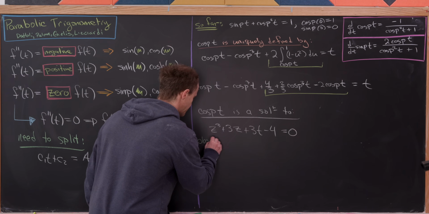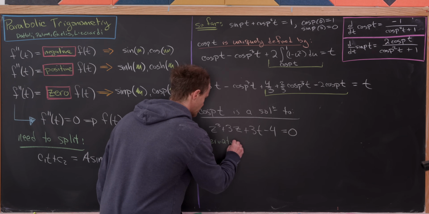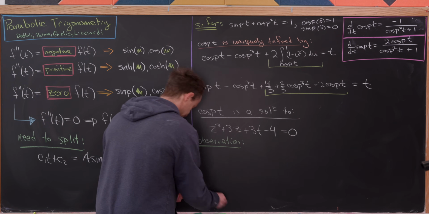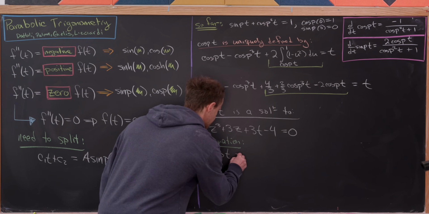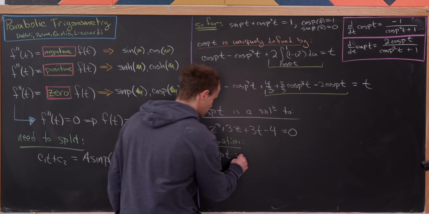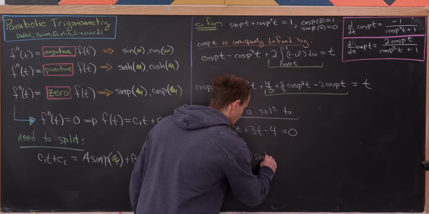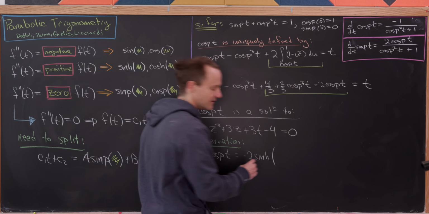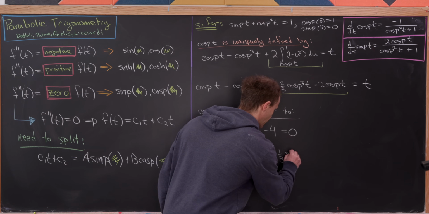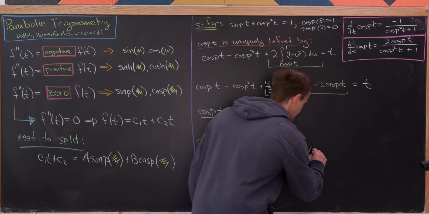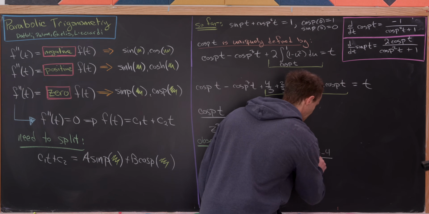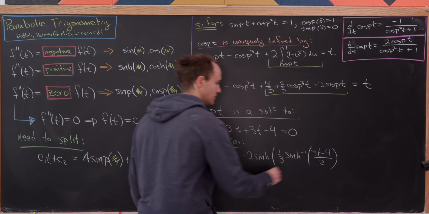So maybe I'll just put this as an observation. We have, in fact, the parabolic cosine of t is equal to minus 2 times the hyperbolic sine evaluated at 1/3 times the inverse hyperbolic sine evaluated at (3t minus 4) over 2.